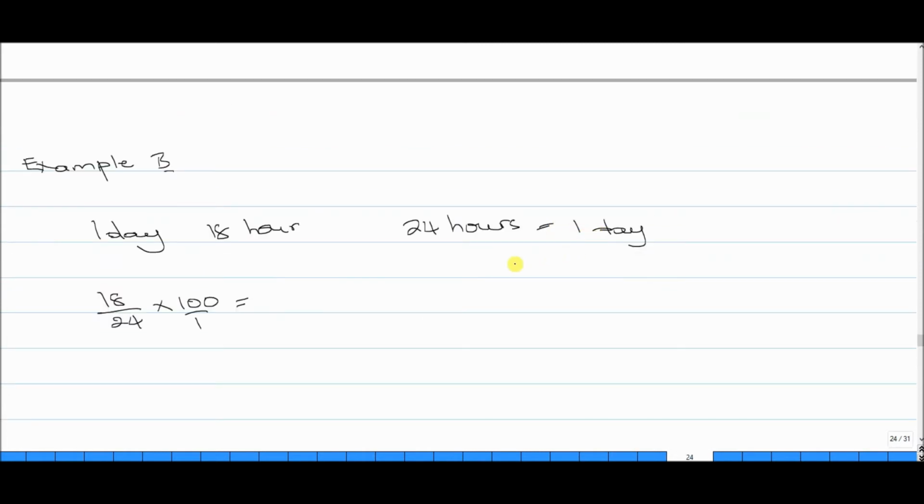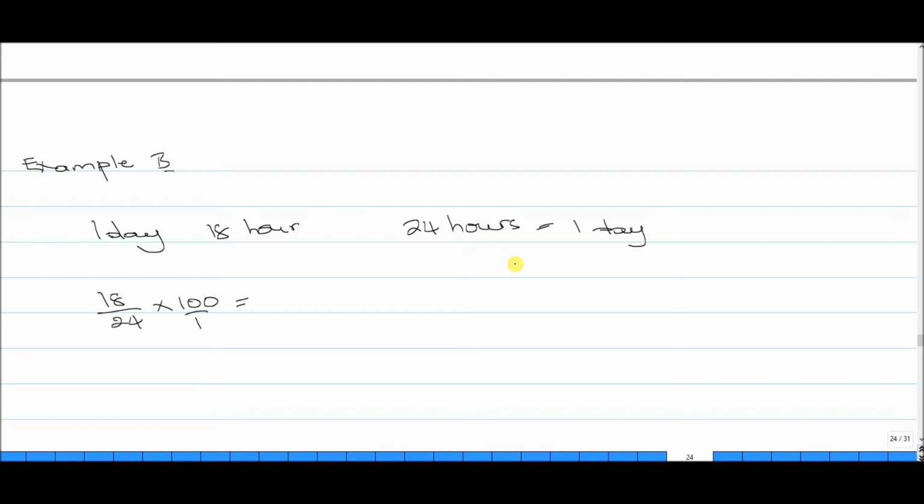Let's turn our attention to example B. What percentage of one day is 18 hours? Now, establishing our numerator and our denominator, 18 hours comes after is, and it will be our numerator.